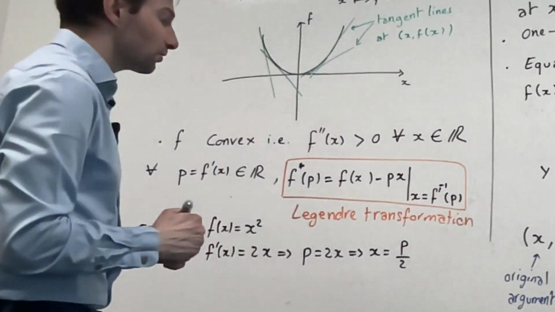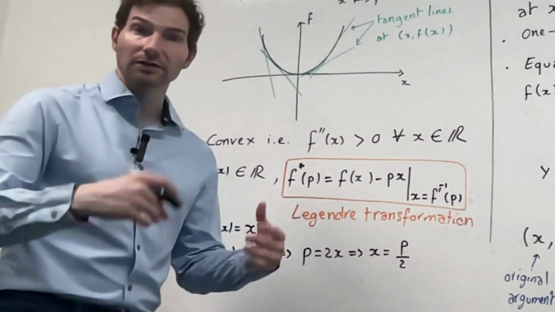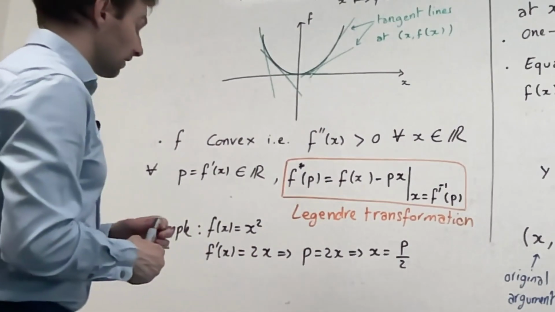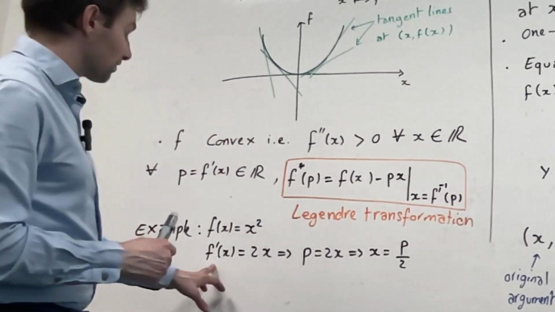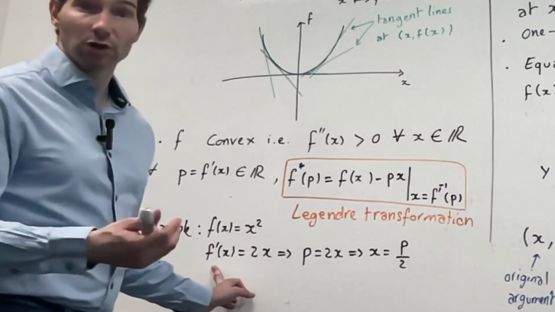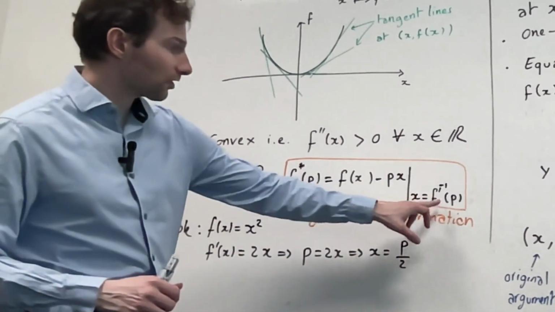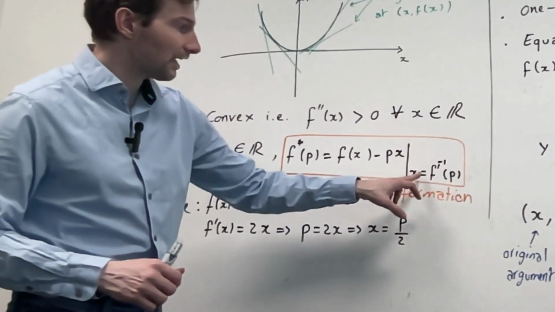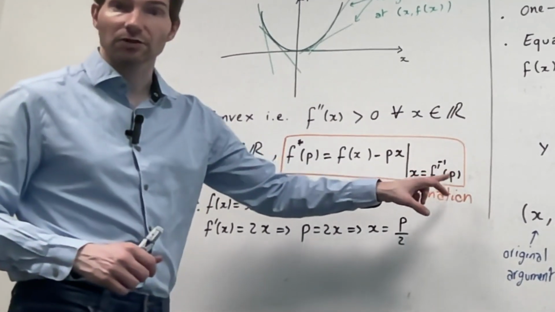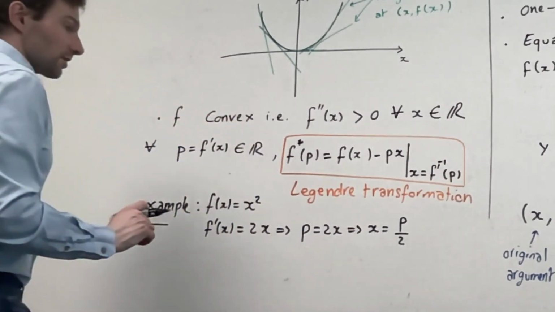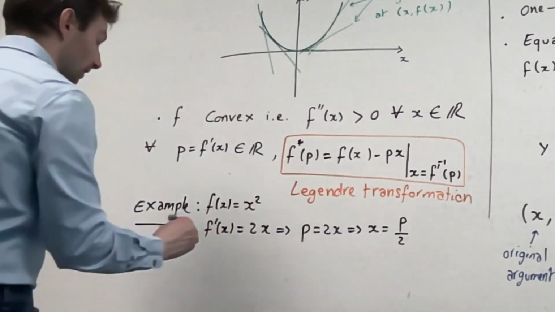So if I've got a certain value for p, I need to divide it by 2 to actually get the value of x. Okay, that's quite interesting. What we see is that the derivative is simply proportional to x. So now I have x expressed as a function of p here. So that's the first step, and then I apply that equation.